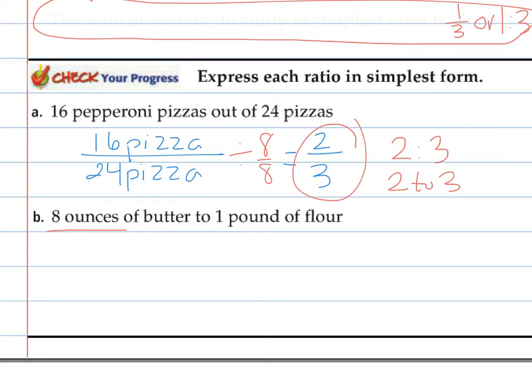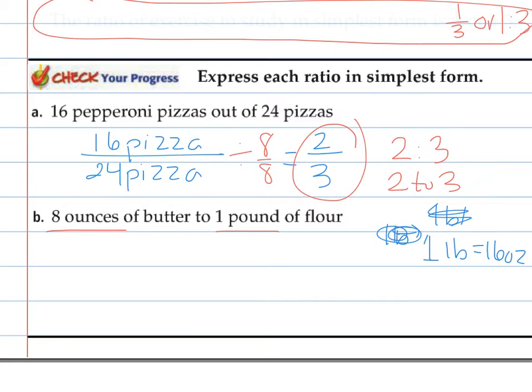8 ounces of butter to 1 pound of flour. Okay, so notice these are both quantities in the amounts of ingredients, but with different units. There are some different conversions in your book, but I need to know that 1 pound is the same as 16 ounces.